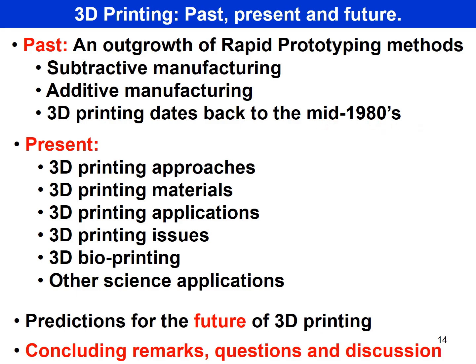At present, there are different 3D printing approaches, different materials, different applications, different issues. Bioprinting is something that's coming up strongly, and other scientific applications. I will be making some predictions for the future of 3D printing, and I will provide some concluding remarks, and hopefully there will be time for questions and some discussion.